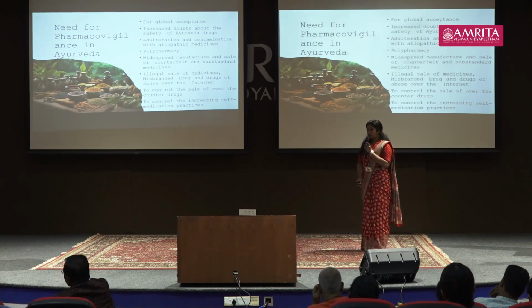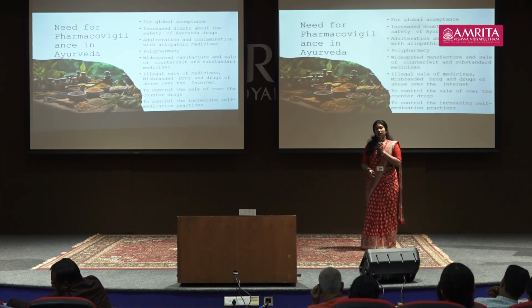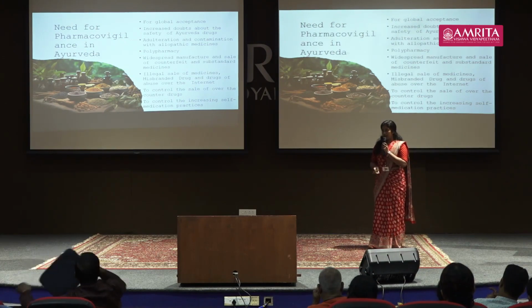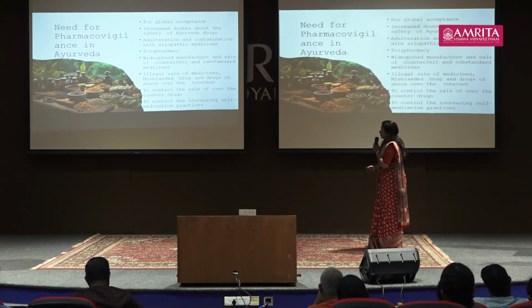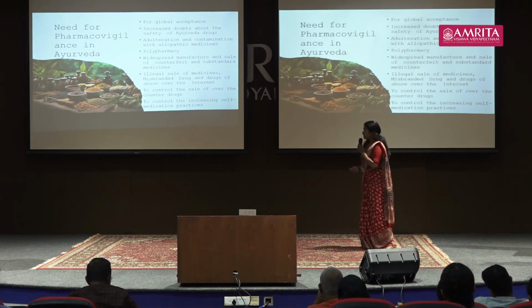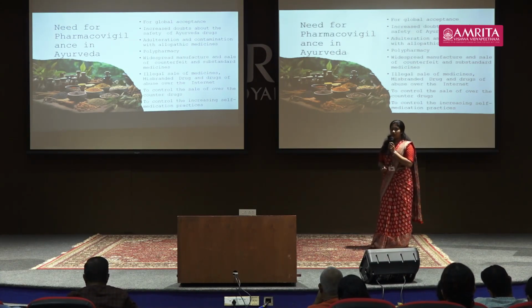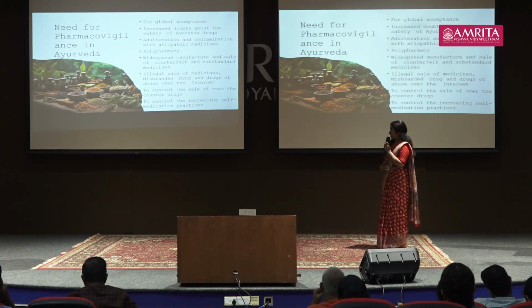So to have a control over this also, we need a proper observation of drugs that are there in the market. And widespread manufacture and sale of counterfeit, substandard medicines are available there in the market. So to control that, we need pharmacovigilance.